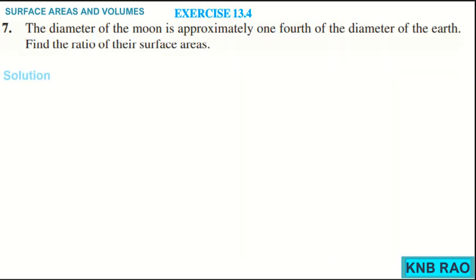Question number 7: the diameter of the moon is approximately 1/4 of the diameter of the earth.